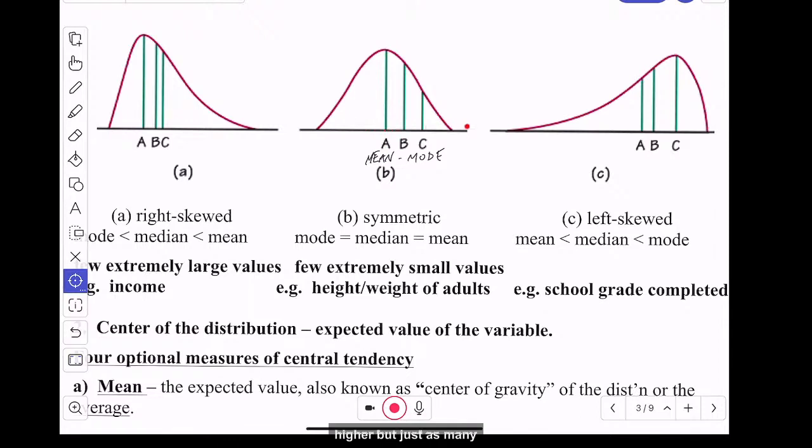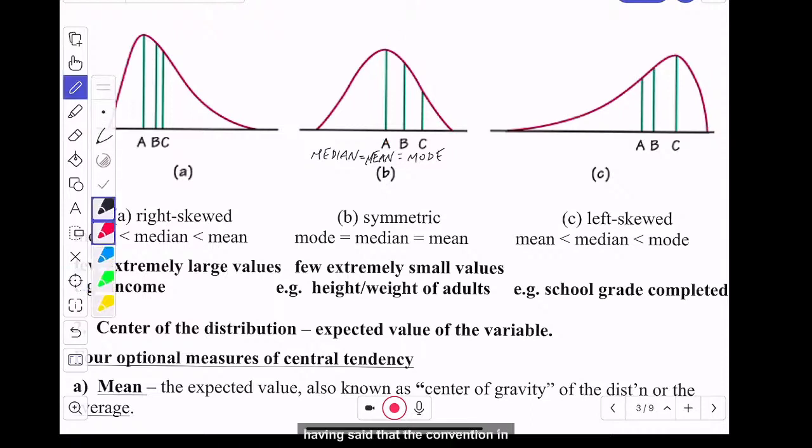And some are much higher, but just as many are that much lower. So it balances out on either side. And what you expect if you were to bet is that observations would occur around here, very, very close to the middle. And your best guess would be the mean. It turns out that also in the middle is the middle observation, of course. So if you were to put all the numbers in order, you could find the one in the middle, and that would be the median. So it turns out in symmetric data, the mean, median, and mode are all basically the same.